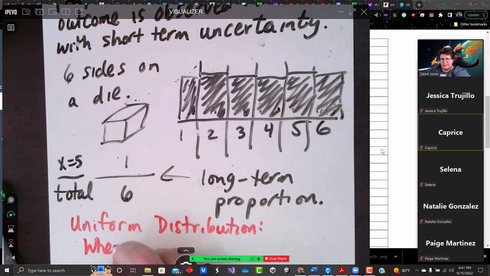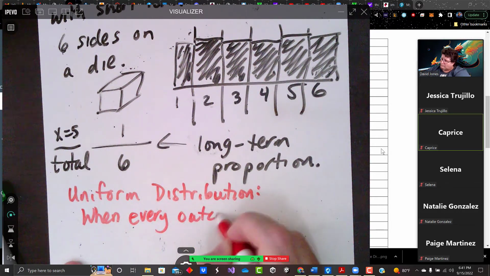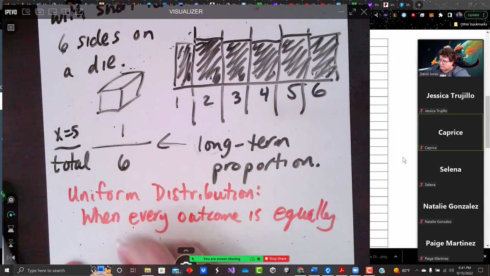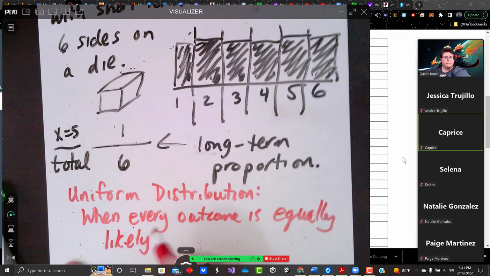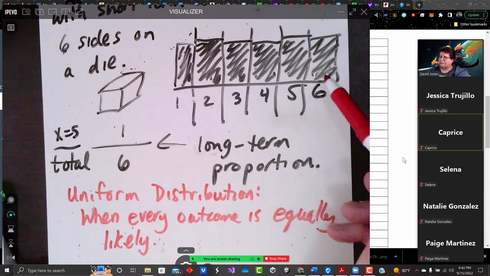When every outcome is equally likely, or equally probable. So in the short term, we don't know what we're going to get. Even if we do it 100 times, it's not going to be balanced.